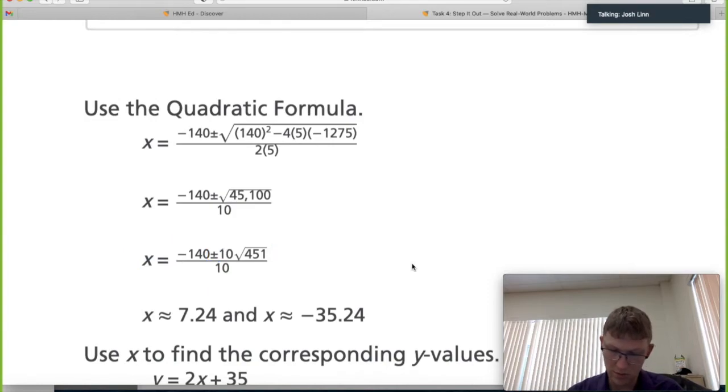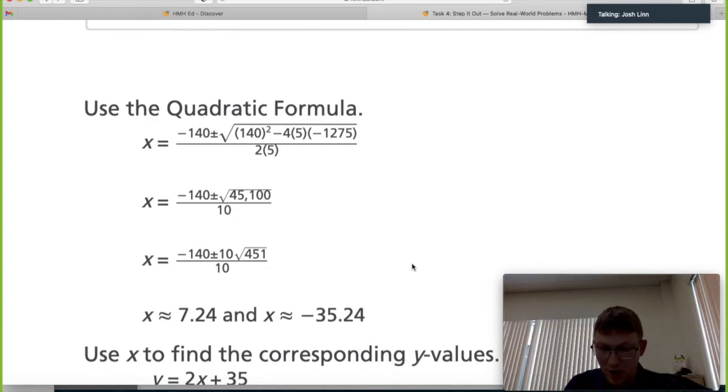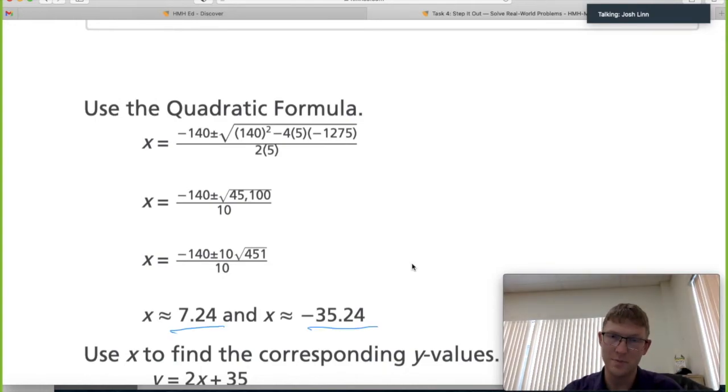And so, especially because this is a real-world kind of situation, they probably literally just threw this stuff into their calculator, and that's how they came up with these negative numbers. You can also do this all by hand, but either way, it's just working on a calculator.